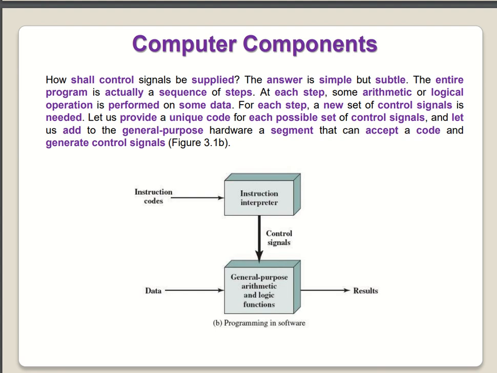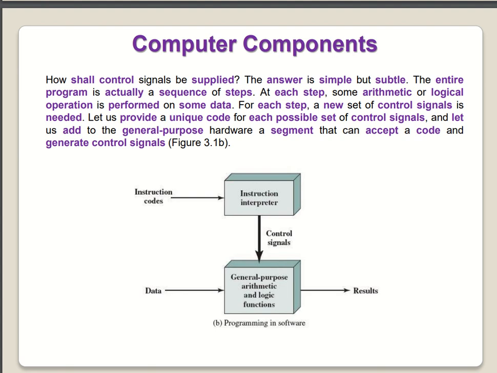So for each step, a new set of control signals is needed. For addition, we need a different control signal. For a load instruction, we need a different control signal. For a store instruction, we need a different control signal.